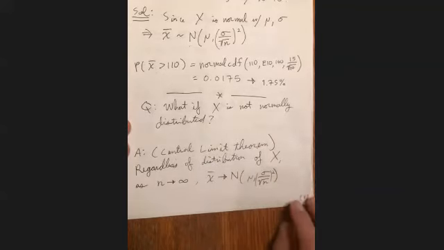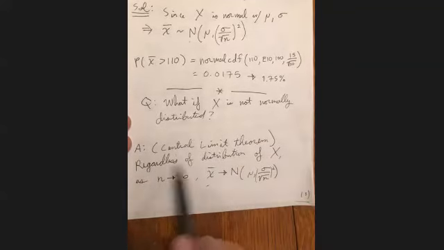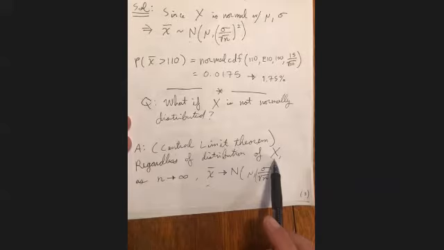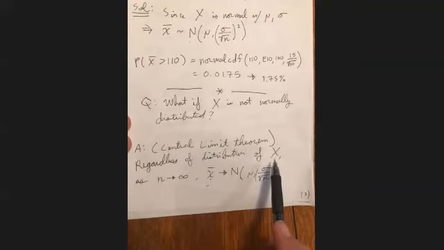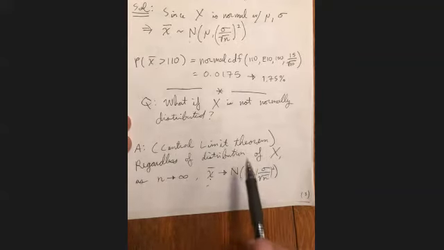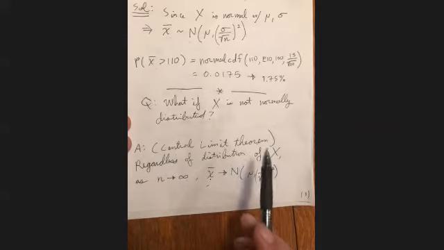So the central limit theorem says this: regardless of the distribution of the population, X, as the sample size gets bigger and bigger and bigger, the distribution of our sample mean gets more and more normal. No matter how the population is distributed, I don't care if it's uniform, normal, Poisson, binomial, there's so many different ways that a population can be distributed.